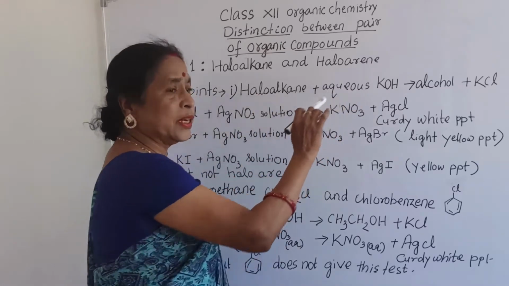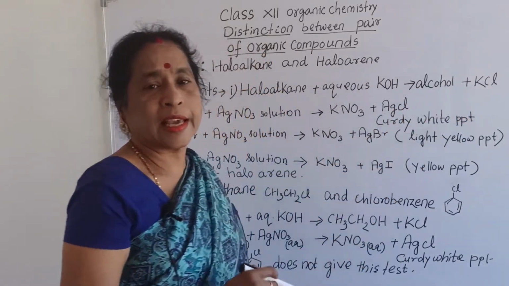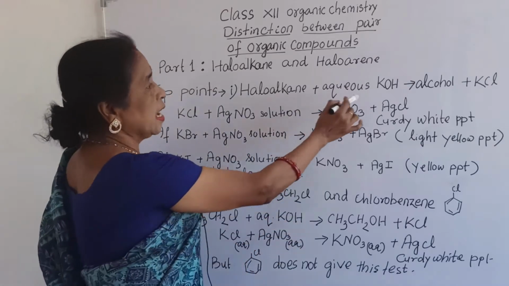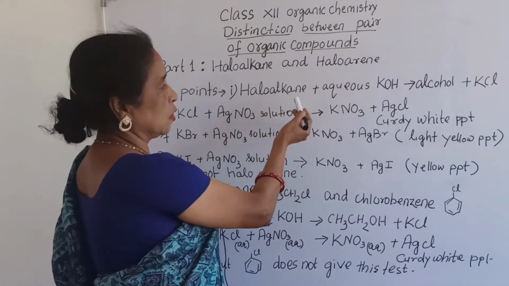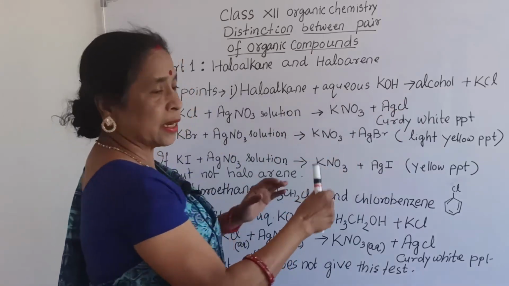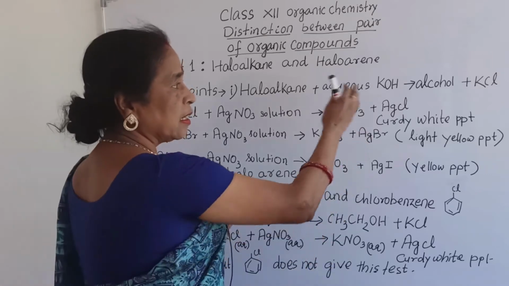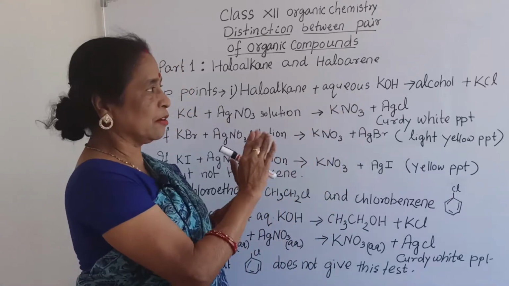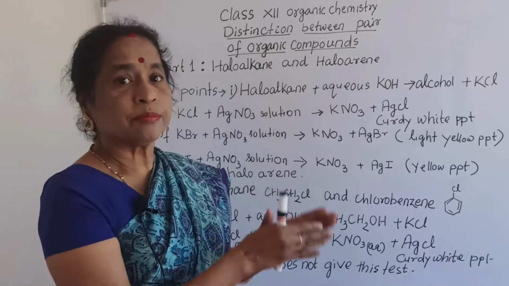Haloalkane treated with aqueous KOH gives alcohol and KCl, because K is there and the halogen, let us say chlorine. Potassium chloride is the byproduct and alcohol is the main product. But here we will not look at the alcohol, we will look at potassium chloride.